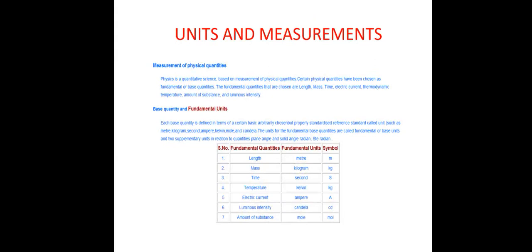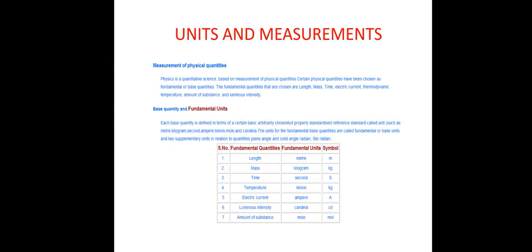You know that physics is a quantitative science, based on measurement and physical quantities. Certain physical quantities have been chosen as the fundamental and base quantities. Physical quantity means something we physically measure, like length, which we measure in meter.